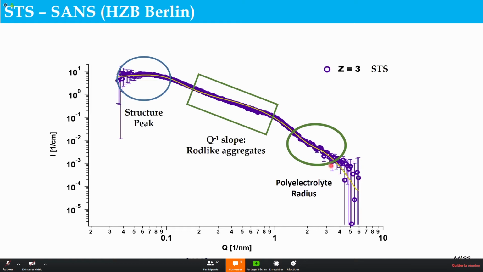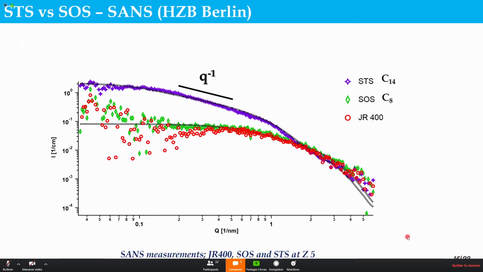And so we can estimate the radius of our polyelectrolyte. But now, just to better see the difference between SOS and STS, if we compare these two surfactants at the same zeta, that is zeta 5, we can see that when we work with STS, basically, we have this well-defined Q^-1 slope.